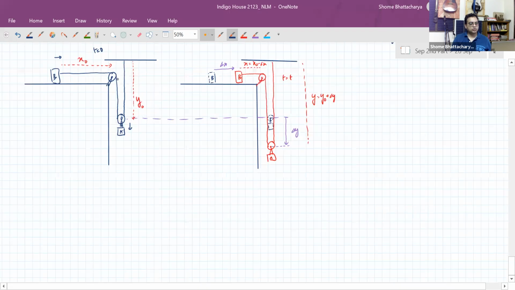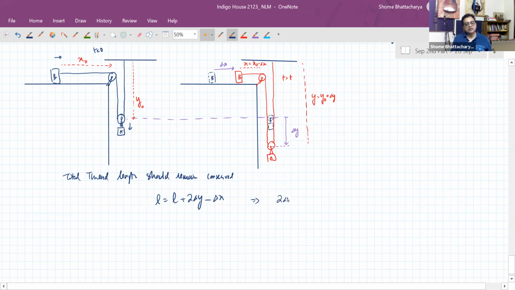So whatever the initial thread length was, L, now on the vertical side the thread length has increased by delta y plus delta y, so plus 2 delta y. Whereas in this section, the thread length has decreased by delta x. So that shows us that 2 delta y minus delta x should be 0.